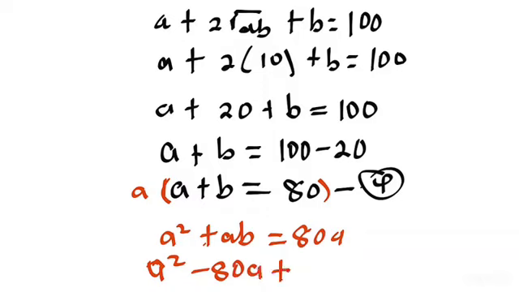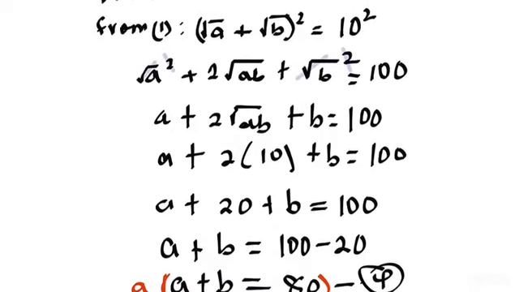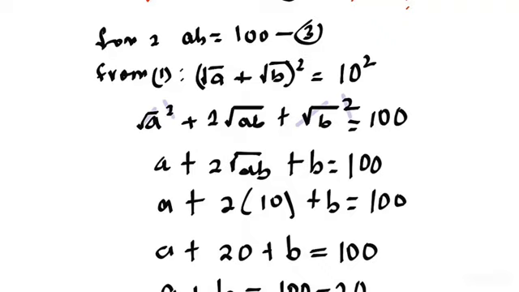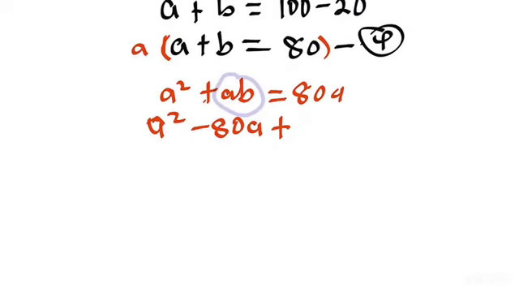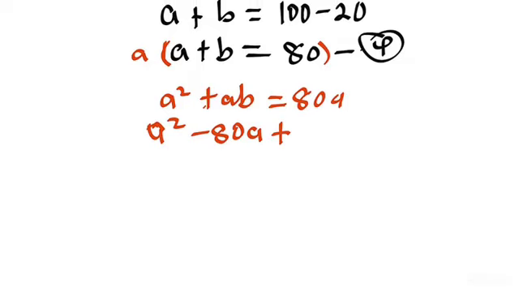Now look at this AB here. Go up and you can see that in equation 3 we also have AB, so anywhere you see AB, we are going to put 100. So this AB will now be 100. We have A squared minus 80A plus 100 equals 0.